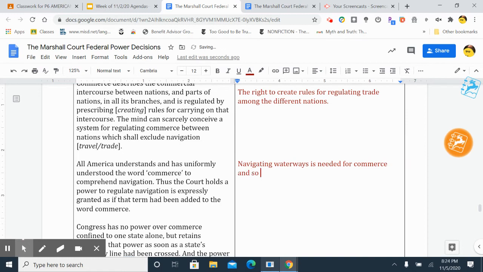And so regulating waterways is needed to regulate commerce. Which Congress has the right to do, right?